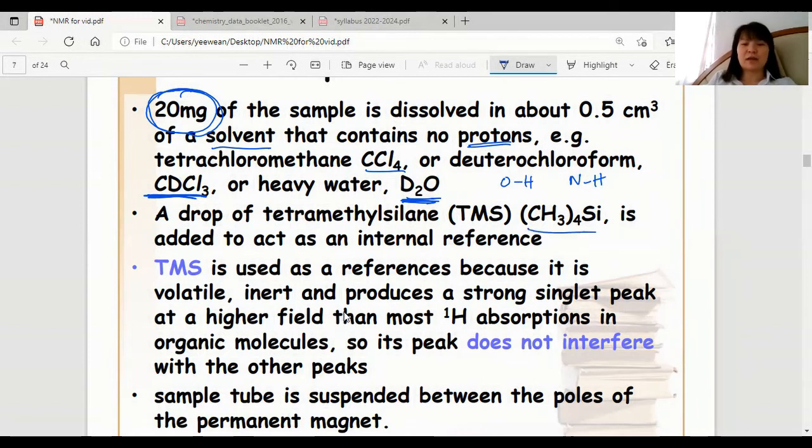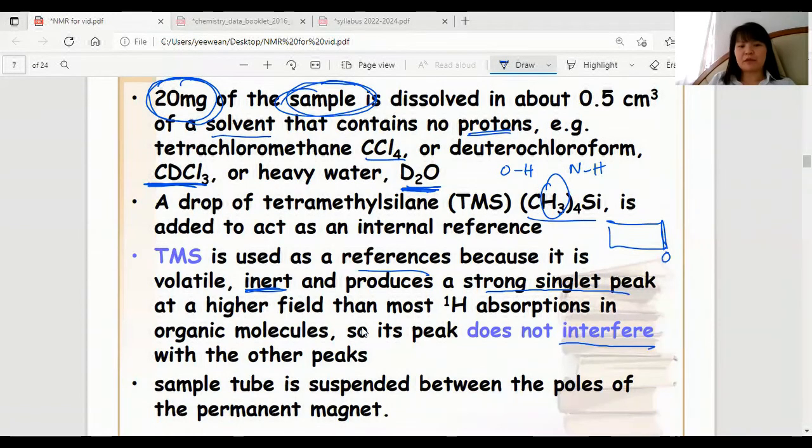We use TMS as a reference because it gives us a very strong singlet peak because of its 12 protons, and it doesn't interfere with the organic compound that we want to solve. It's inert, so all this makes it a good reference. That's why it's taken as our 0 peak.